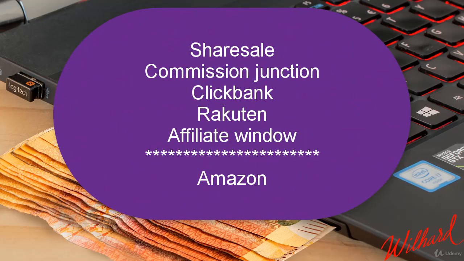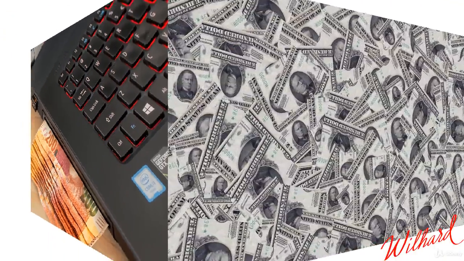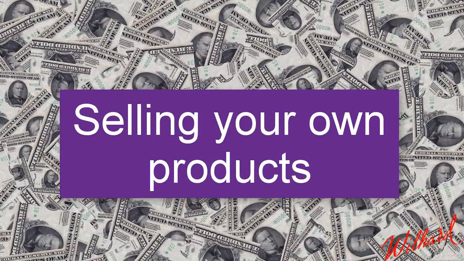Here is a list of popular US-based services that help find interesting affiliate programs: ShareSale, Commission Junction, ClickBank, Rakuten, Affiliate Window. You can also register as an Amazon partner and promote goods sold by the world's largest online store in your videos. Affiliate programs can earn you lots of money, even if your channel is relatively small, much more than Google AdSense.